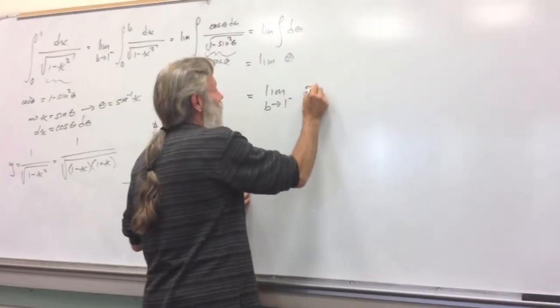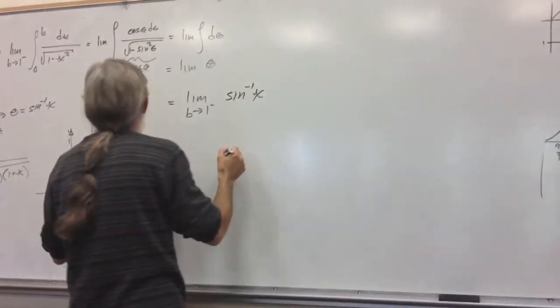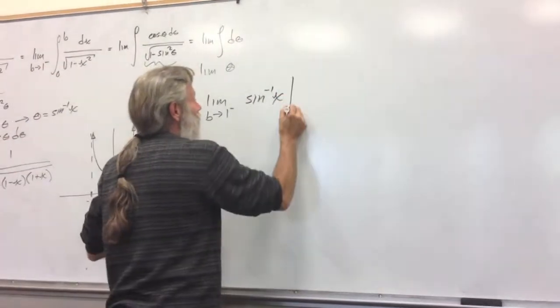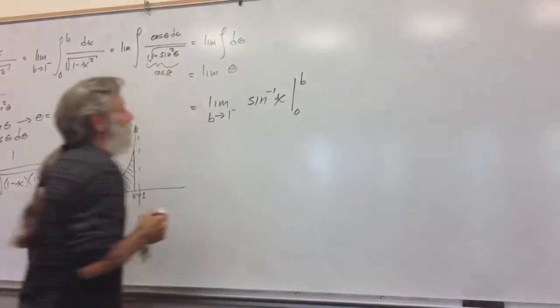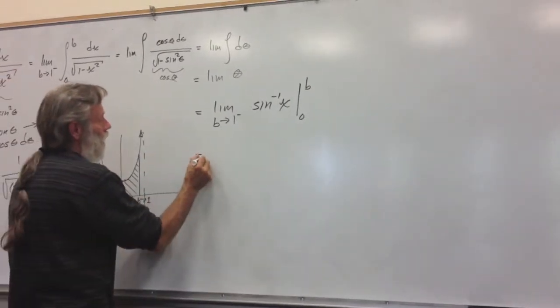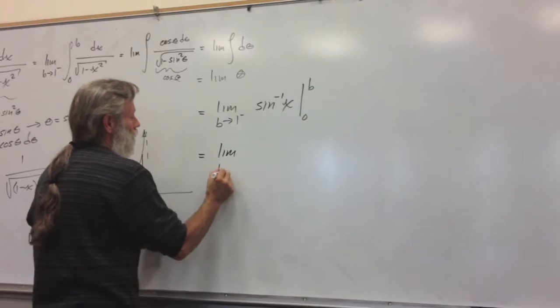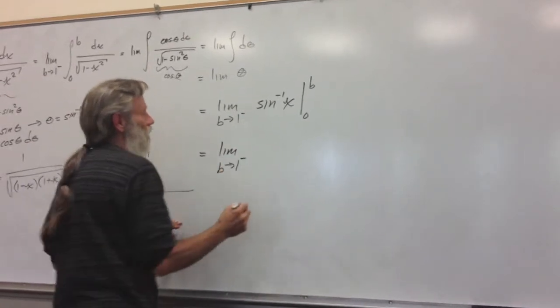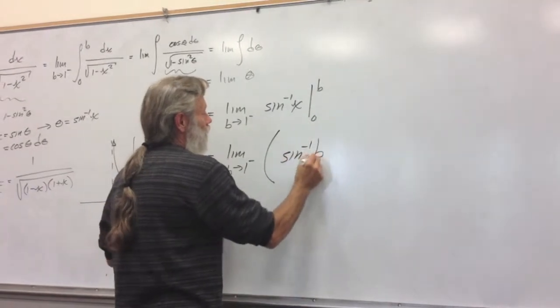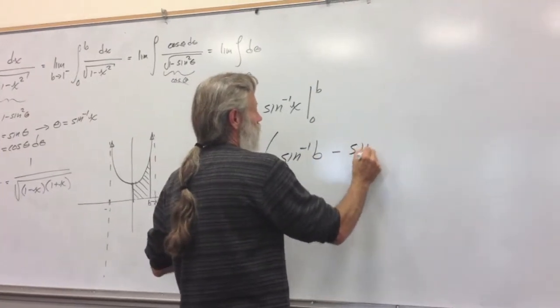So we have an arc sine of x, and we go back to the old evaluation of 0 to b. Now we write it out: the limit as b goes to 1 from the left of the quantity arc sine of b minus arc sine of 0.